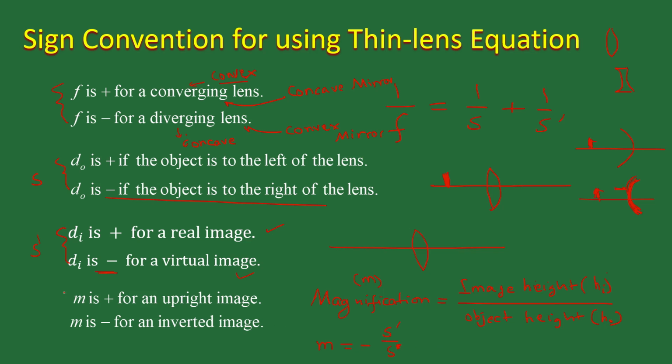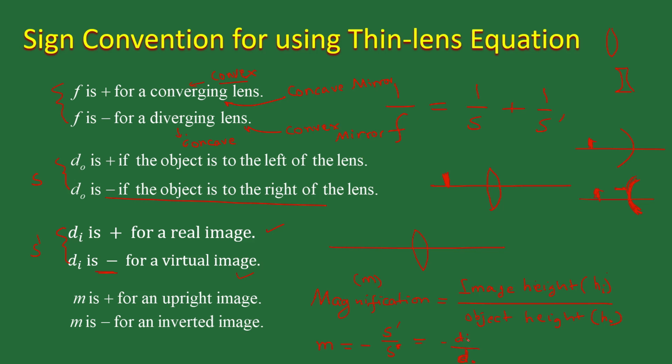In terms of di and do, we can write this as minus di, the image distance, which is the distance between the image and the lens or the mirror, over do, the distance between the mirror or the lens and the object.